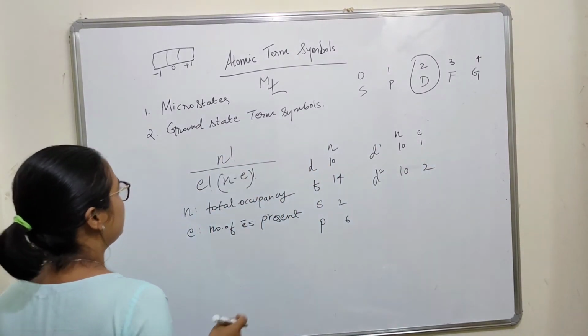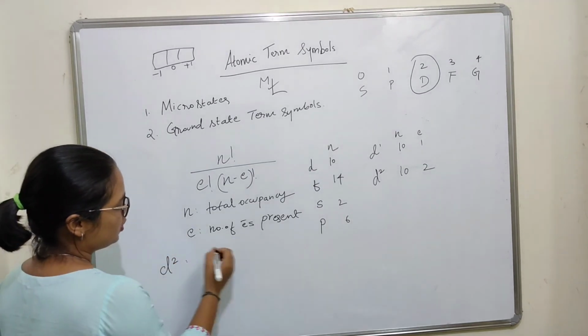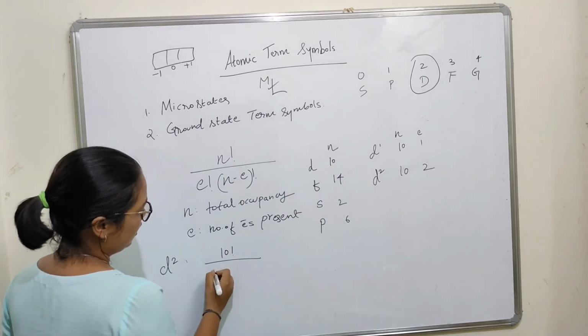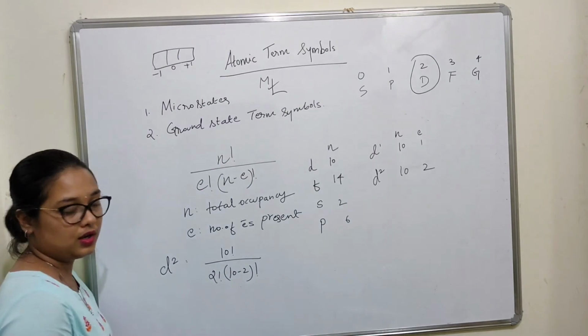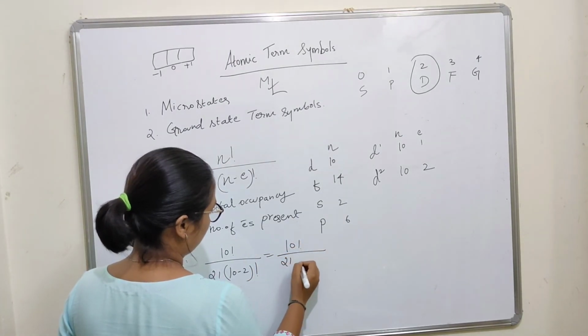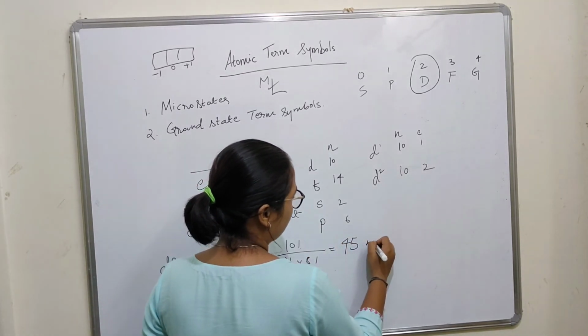Now let's take the D2 configuration. N over here is going to be 10, so 10 factorial upon 2 factorial into 10 minus 2 factorial. So this will be 10 factorial upon 2 factorial into 8 factorial. This comes out to be 45 microstates.